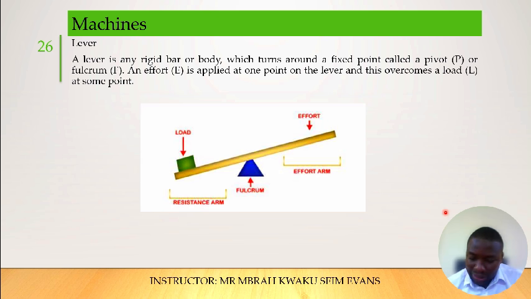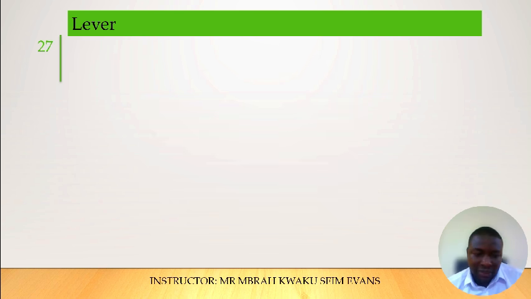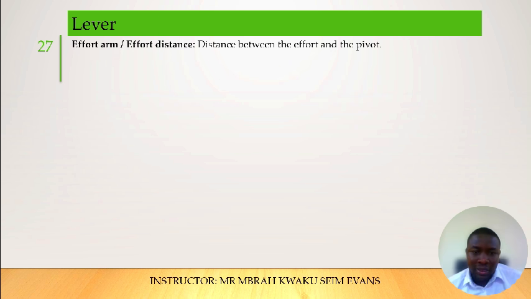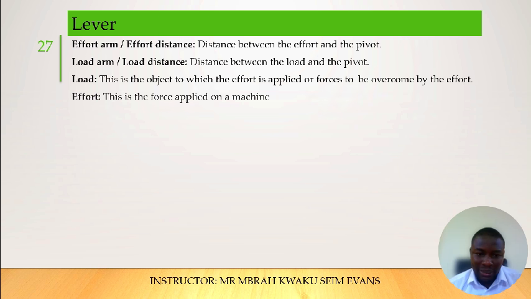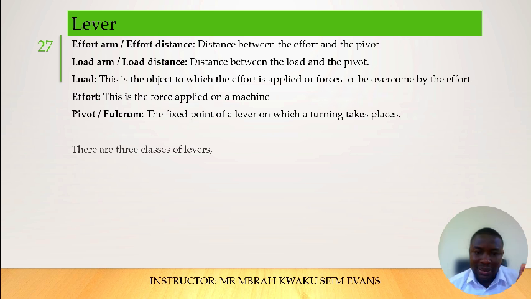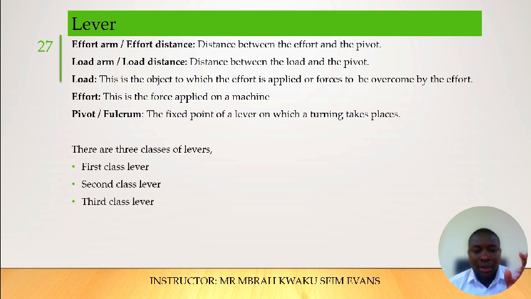So let's go to classes of levers. What are some of the classes of levers? We have 3 classes of levers: the first class lever, the second class lever, and the third class lever. All this classification of levers is defined based on the position of the pivot, the effort, and the load.